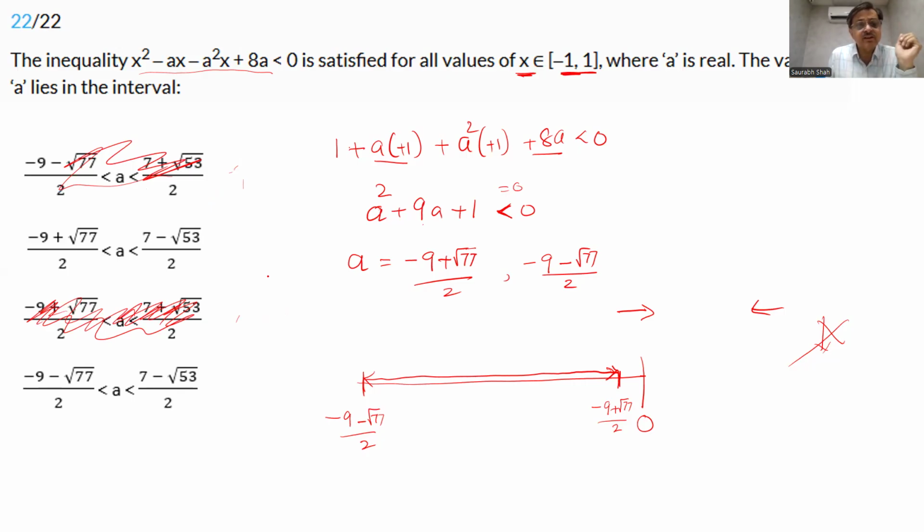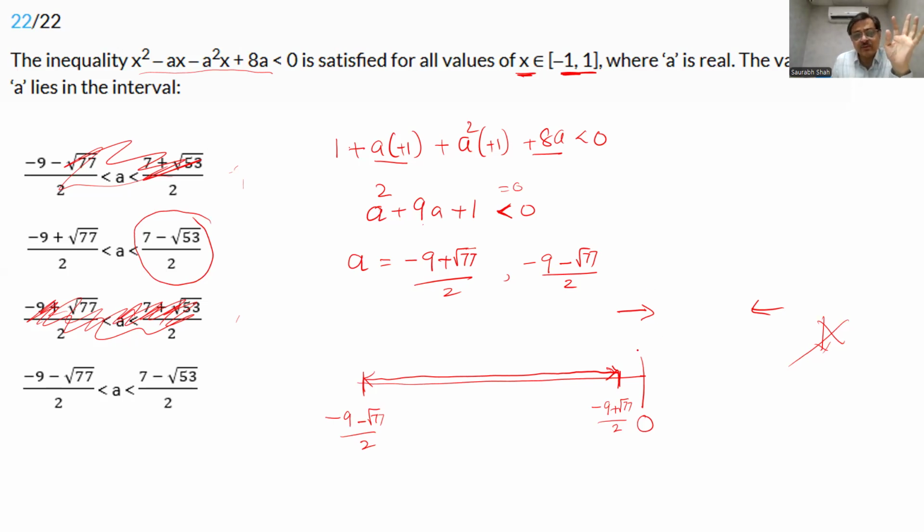Now I'm left between options 3 and 4. What do I select? What does the situation look like? We know that we cannot go beyond this range. Now, what is the value of (7 minus root 53) by 2?